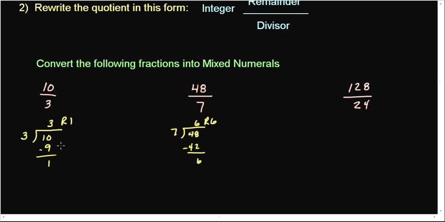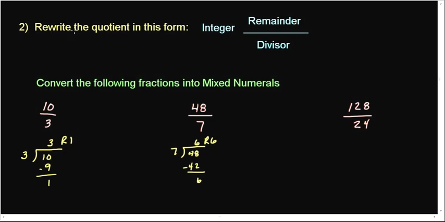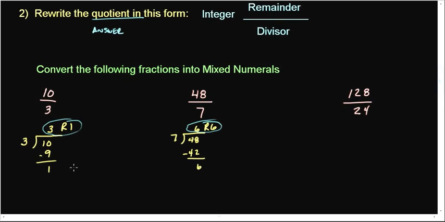I'm going to finish these first two out, so we're going to go to step 2. Rewrite the quotient in this form. Okay, the quotient, this is my answer. And so I'm going to look at my answers, and I'm going to rewrite those answers in this form. The integer goes out front, and so in the case of this first one here, the 3 goes out front.